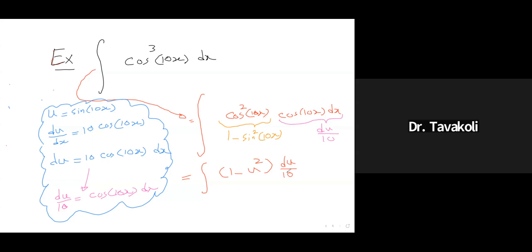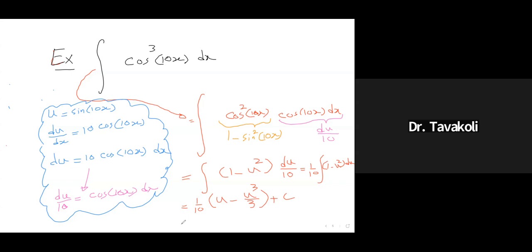That 1/10 comes out of the integral, and I have the integral of 1 minus u squared du. 1/10 times the antiderivative of 1, which is u. Antiderivative of u squared is u cubed over 3. And at the end, plus c.